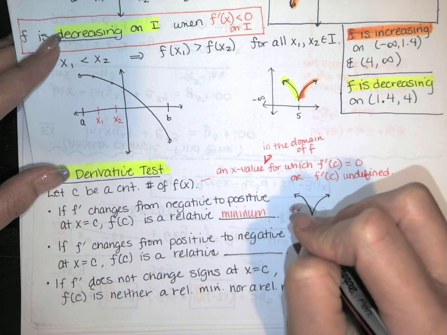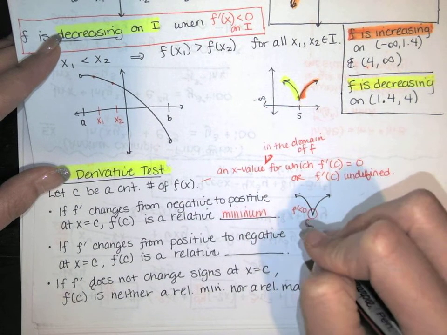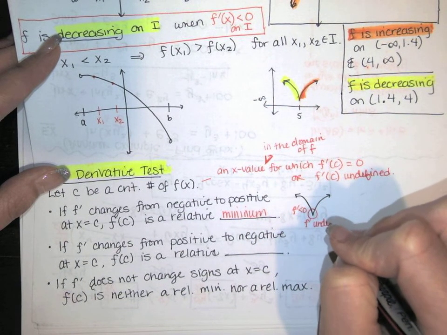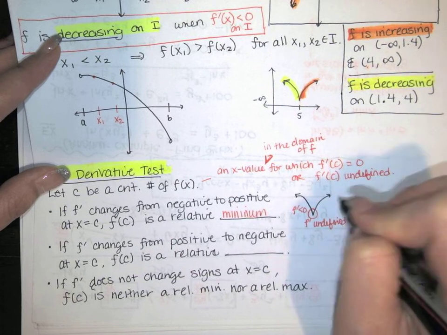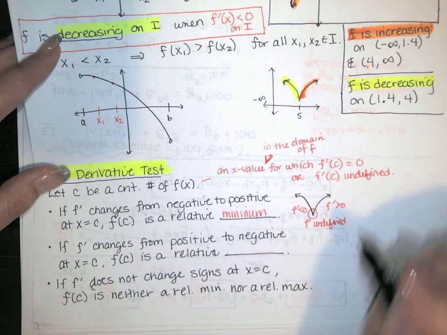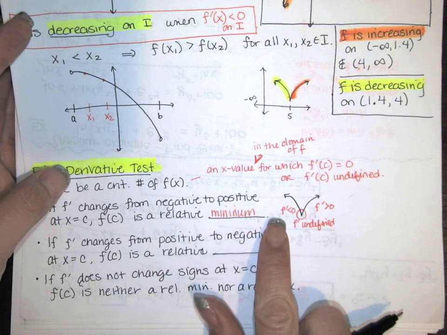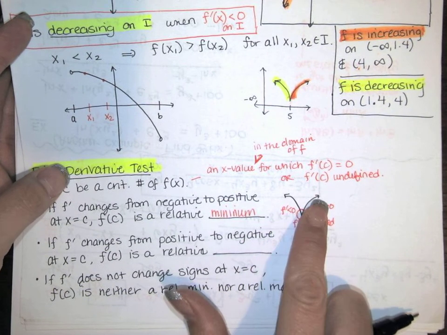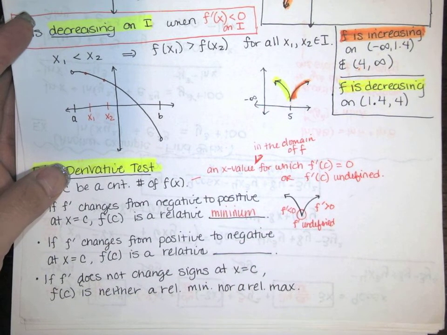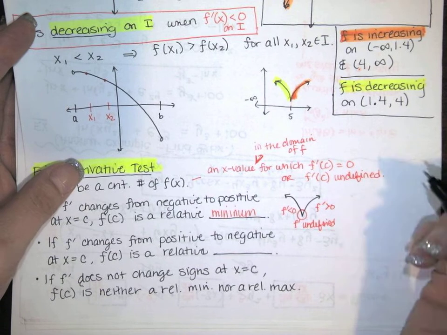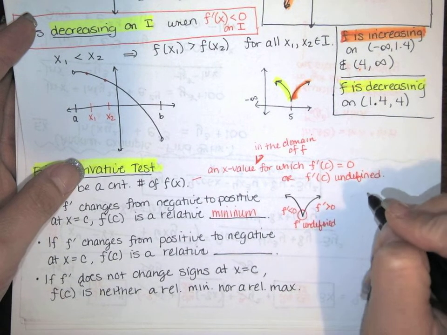So this is f prime negative, f prime undefined, and this is f prime positive. So if the sign of f prime changes, the derivative changes from negative to positive, we get something like that at that critical point. We're going to have a relative min. So it might look like that, or it might look like this.